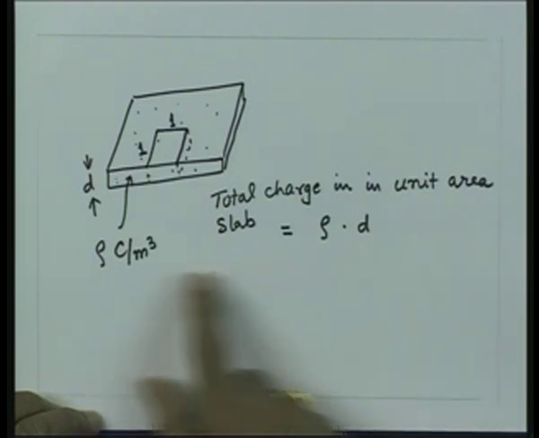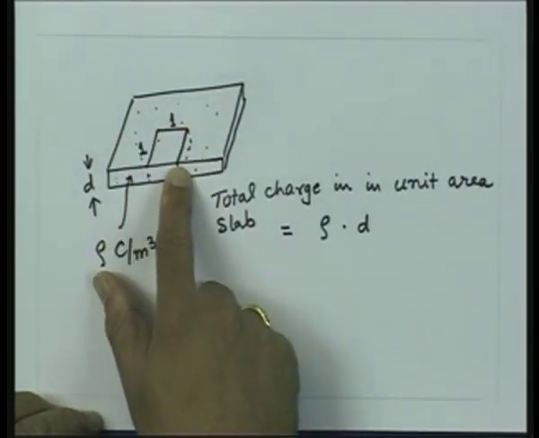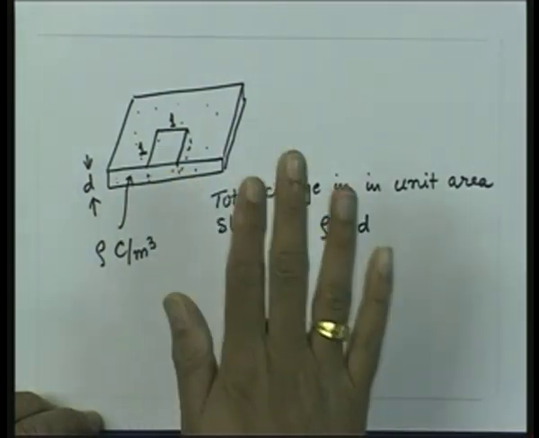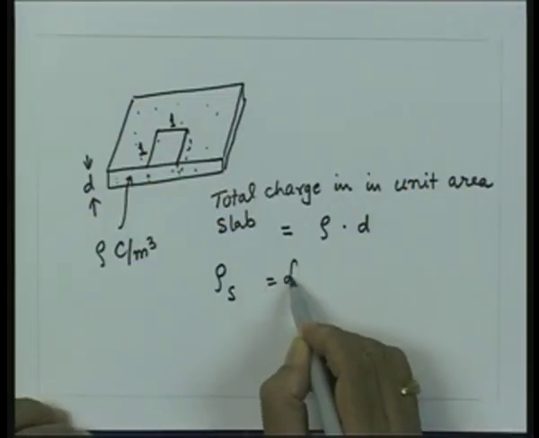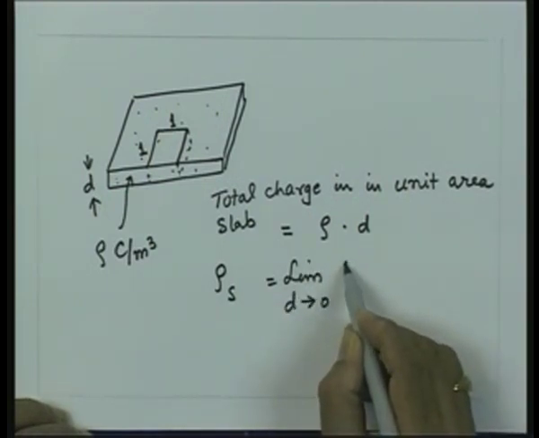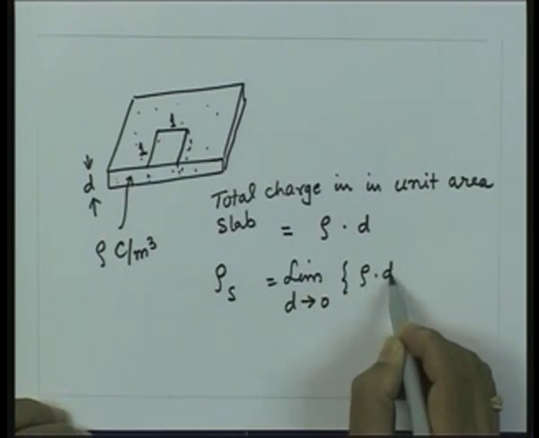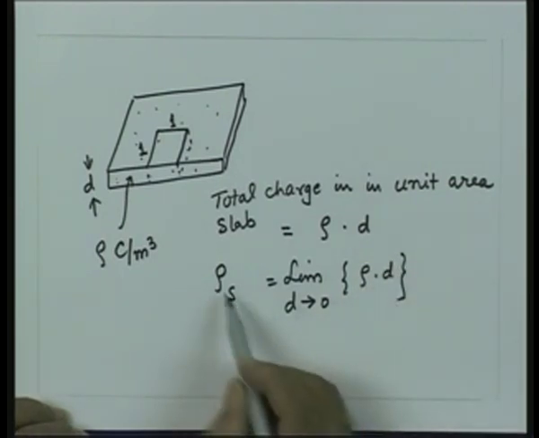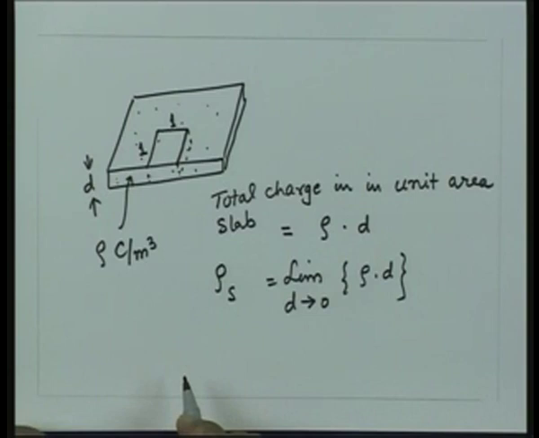So, I will get a charge per unit area, and this charge truly is confined to the surface of the sheet. So, we say rho s is, in the limit when d tends to 0, the quantity rho into d, and that is what is called the surface charge density.